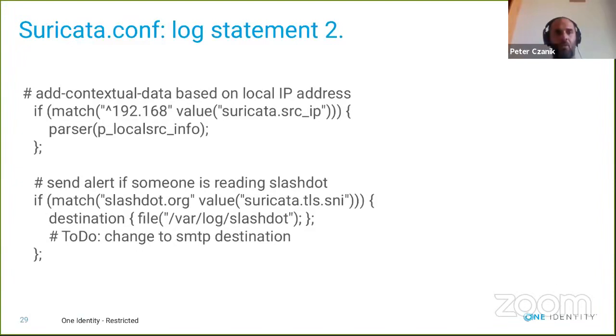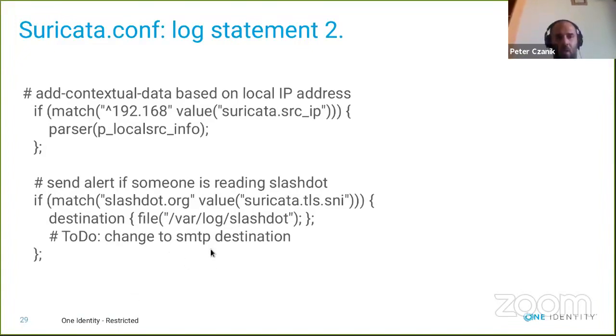Next, we use the add contextual data on local IP addresses, which I showed you earlier, using an external CSV file. So you can easily add additional fields based on the IP address in this case.